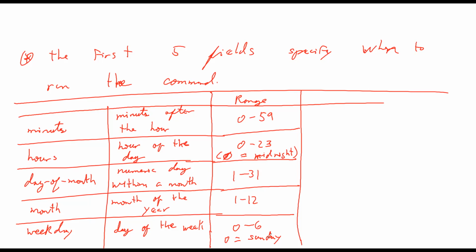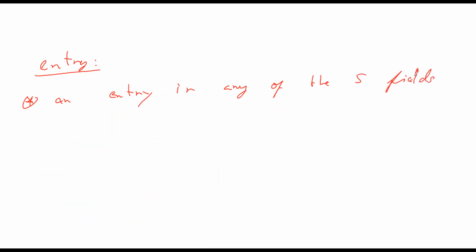Now, let's think of an entry. An entry in any of the 5 fields can be one of the following. It can be a single number, like day of the month 3.